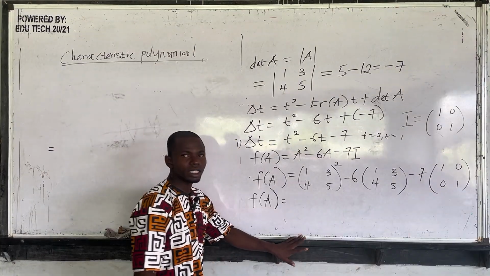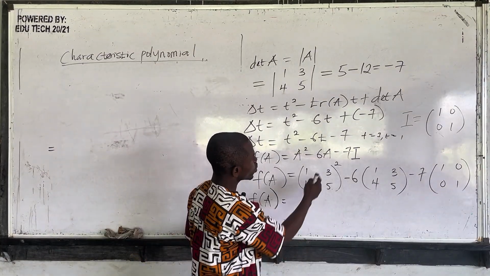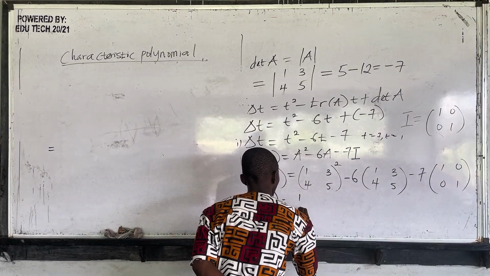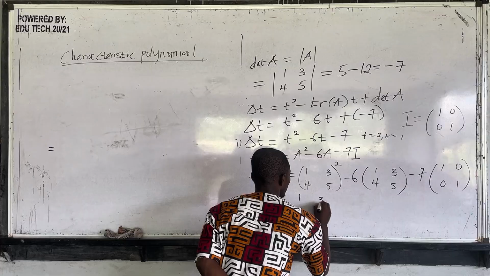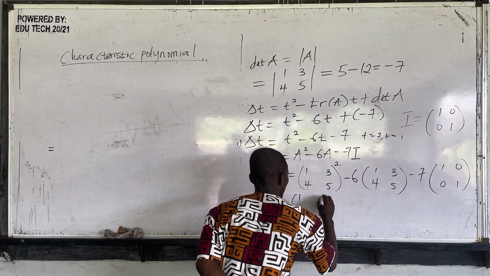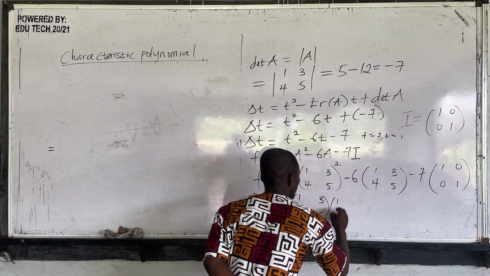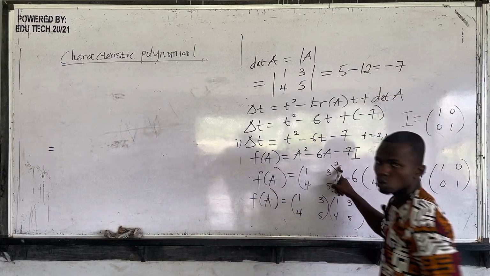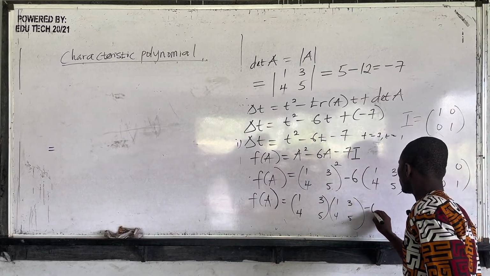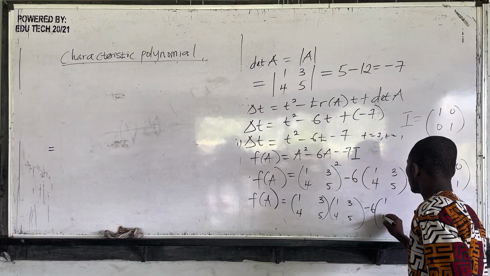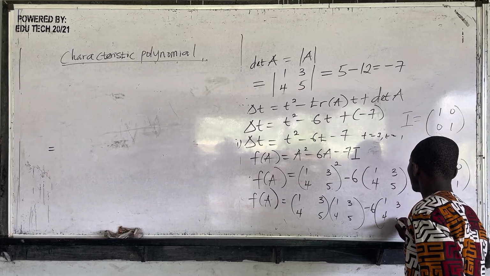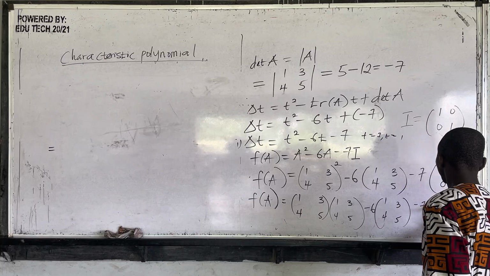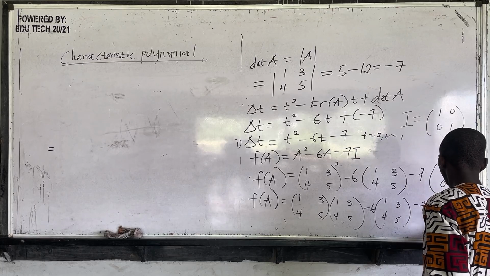If I now expand it, you know this is squared, and it's in 2 places. It will now be 1, 4, 3, 5 multiplied by 1, 4, 3, 5. That's the meaning of that squared. Then minus 6 bracket 1, 4, 3, 5 minus 7 bracket 1, 0, 0, 1.